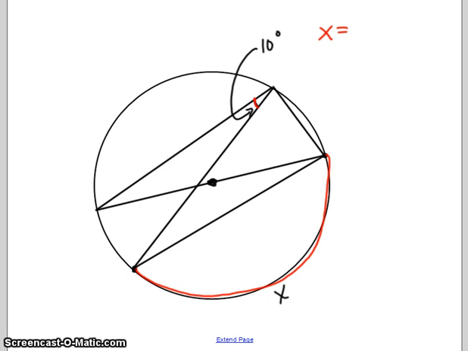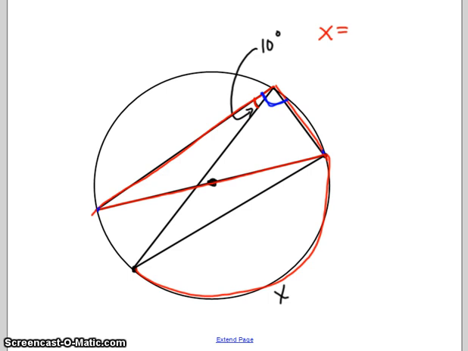Not really, but we know that this right here is the inscribed angle for 180 because here's our diameter. So this angle right here is 90 degrees because it goes to the diameter, just like on our previous problem.